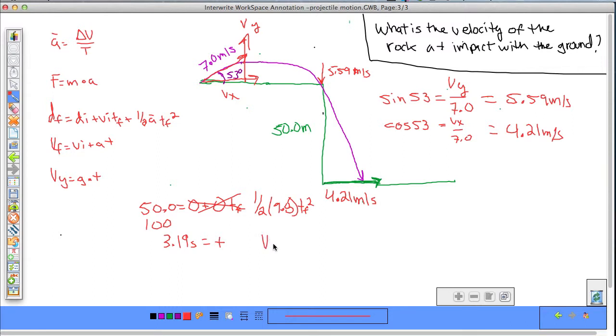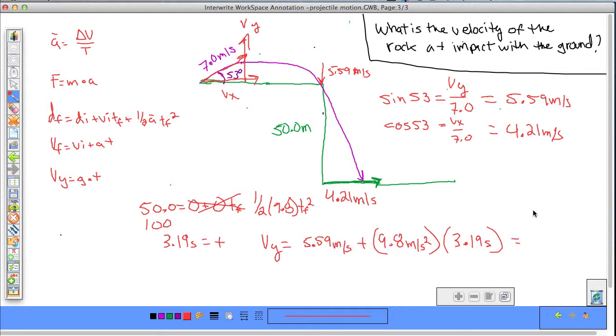So what I could say is my total velocity in the y direction is going to equal 5.59 meters per second plus 9.8 meters per second squared, because that's the acceleration of gravity, times 3.19 seconds. Because for 3.19 seconds, I'm going to be adding velocity to this initial velocity.